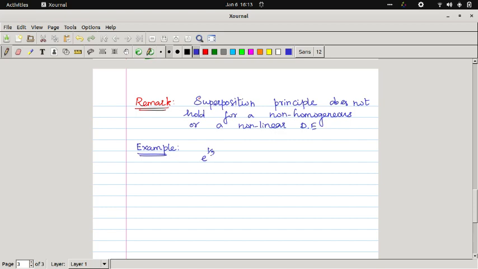The exponential of 1 by 2 x and the exponential of 3 by 2 x are solutions of the second order differential equation 4 times y double prime minus 8y prime plus 3y equal to 0.